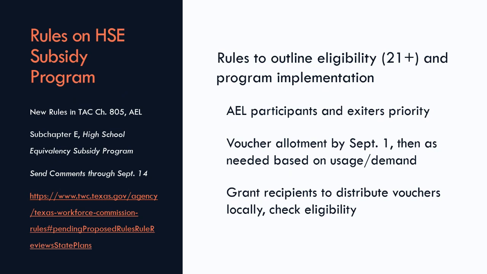And what that means for those of you that aren't as familiar with the different types of policy and statute and what the rules are, on the left-hand side of your screen, you'll see there new rules in TAC Chapter 805. What TAC stands for is the Texas Administrative Code, and Chapter 805 is, we always refer to it as just the AEL rules.